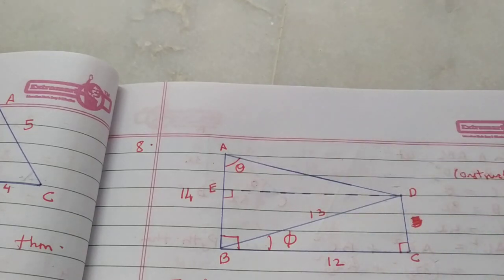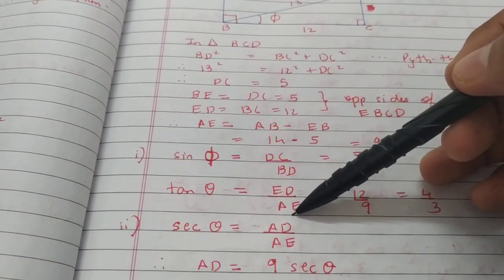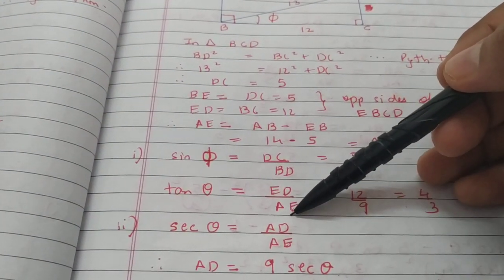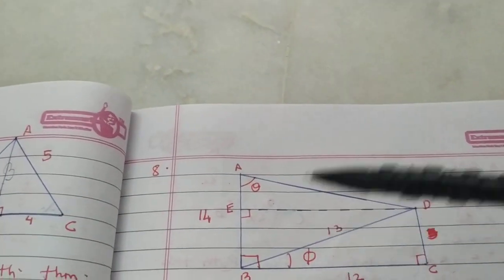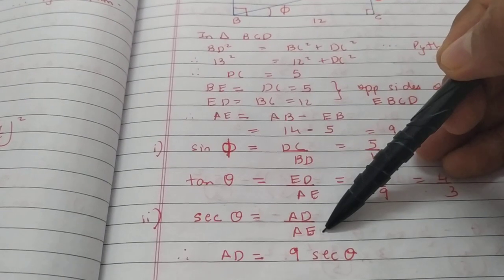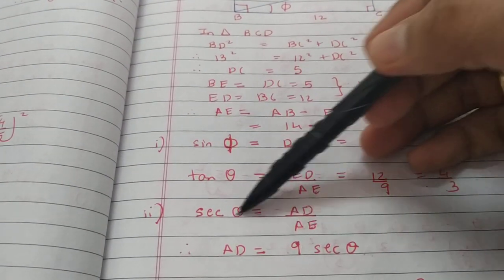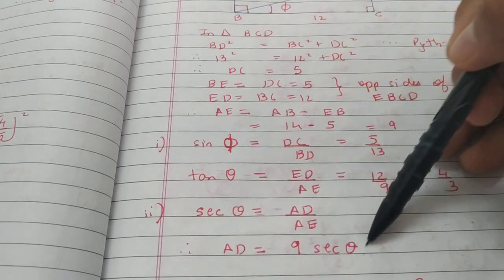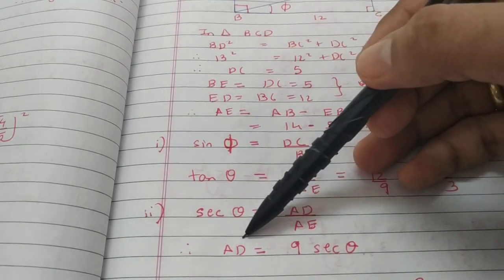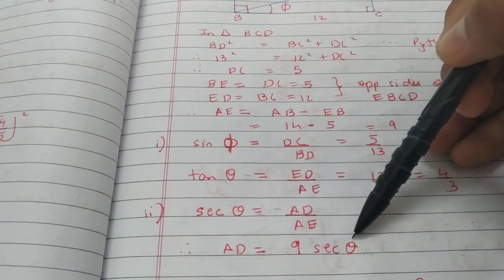So let's go for sec theta. So sec theta is equal to hypotenuse upon adjacent, that is AD upon AE. Now AE's value we know. It's 9. So if you cross multiply, we get AD is equal to 9 sec theta. So we now have an expression, that is an equation for AD in terms of theta.